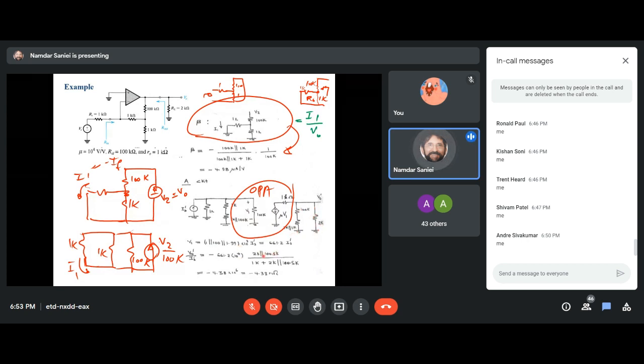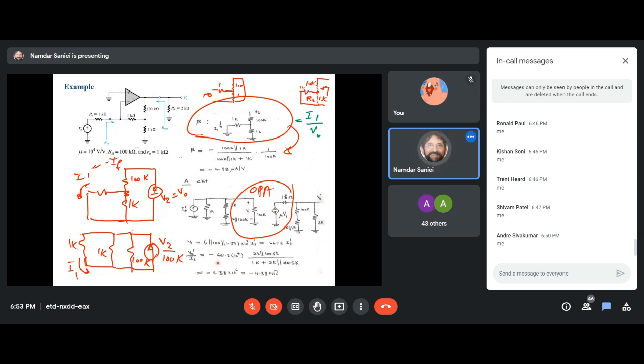So 2K parallel 100.5 divided by 1 plus the parallel times the mu V1, right?